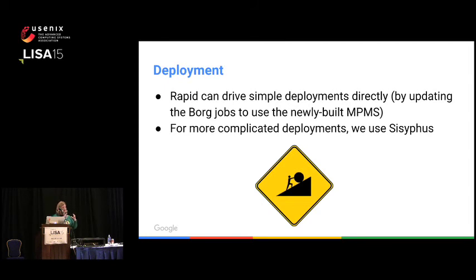Sisyphus has its own authorization mechanism. And so I can have permission to request Sisyphus to update a job, but I don't have permission to actually update the job myself. Sisyphus does it for me. And frankly, as a release engineer, I don't want access to all the different jobs out there that we support. That's too much responsibility.